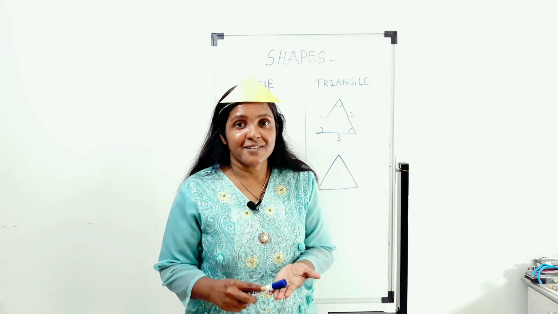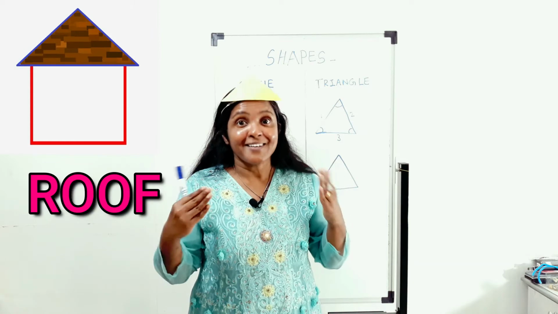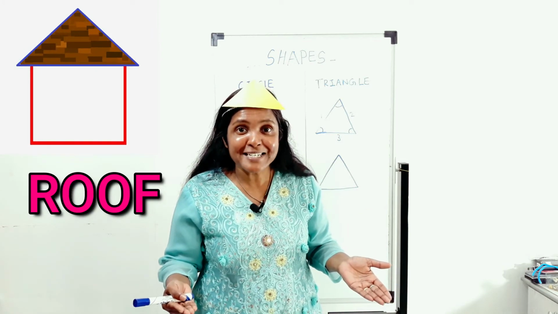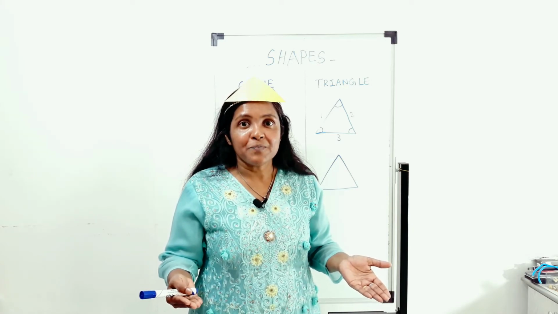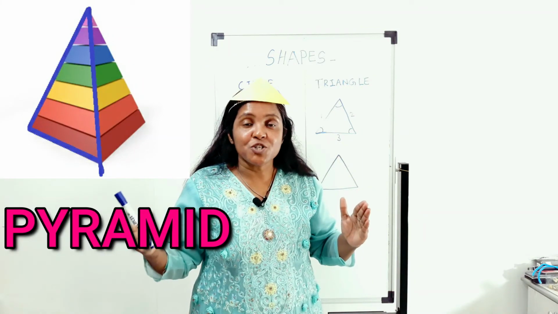And what else? Do you know the roof of the house? Yes, that is also triangle shape, isn't it? One more example. Pyramids. Also we can see triangle shape.